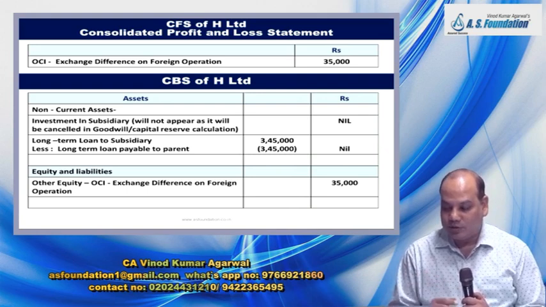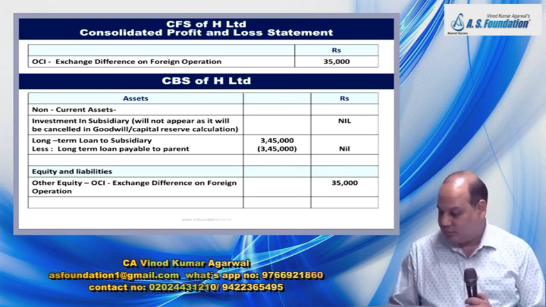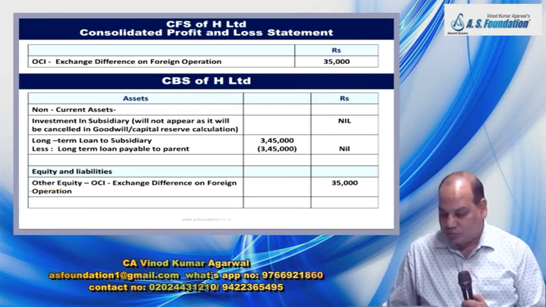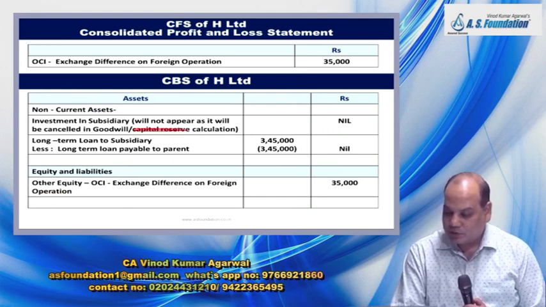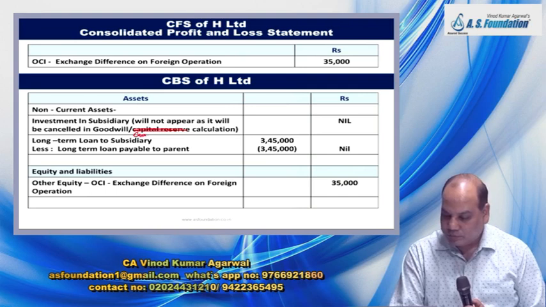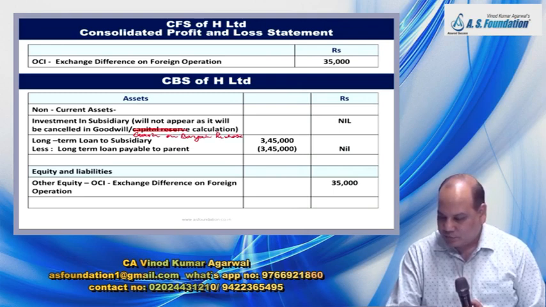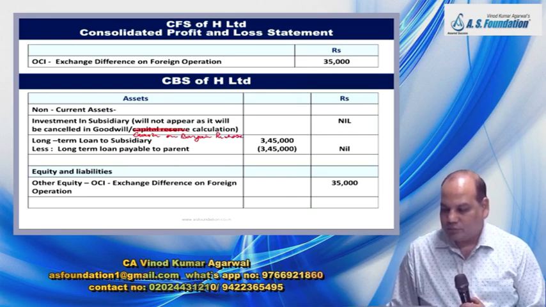Note, this will not appear as it will be cancelled in goodwill or gain on bargain purchase calculation. Cost of acquisition does not appear in the consolidated financial statement. That is eliminated, and what appears in place of it? Goodwill or gain on bargain purchase.